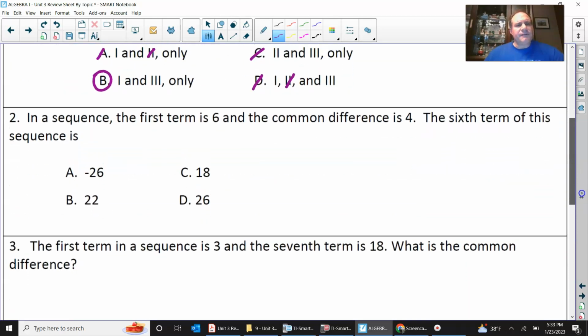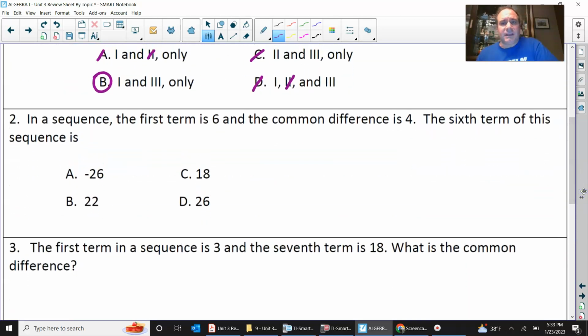In a sequence, the first term is 6 and the common difference is 4. So I'm going to put a sub 1 equals 6. Common difference is 4, d equals 4. The sixth term is what?